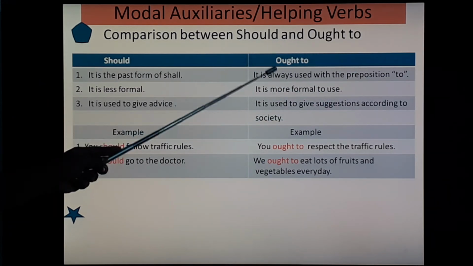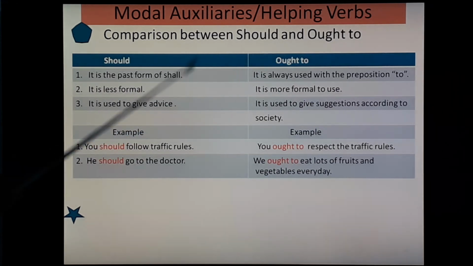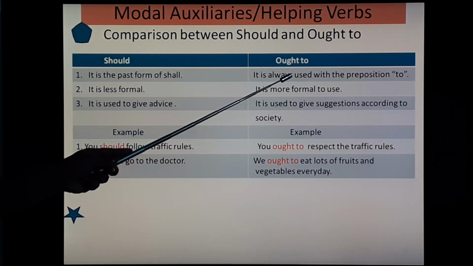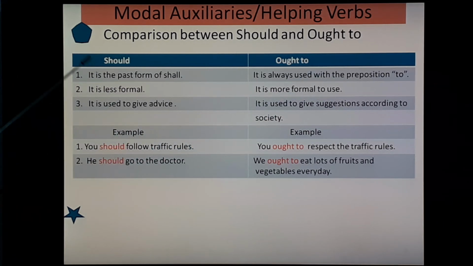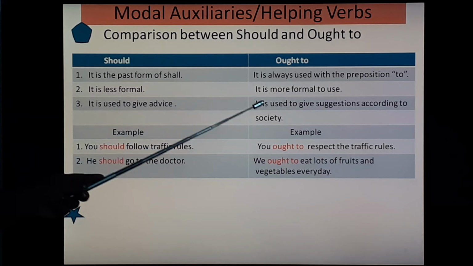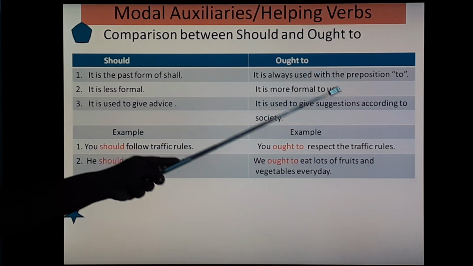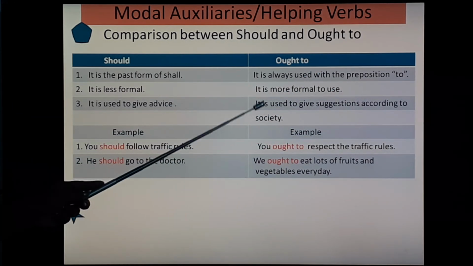You cannot write only ought. Should is less formal, whereas ought to is more formal to use. Should is used to give advice, whereas ought to is used to give suggestions according to society.